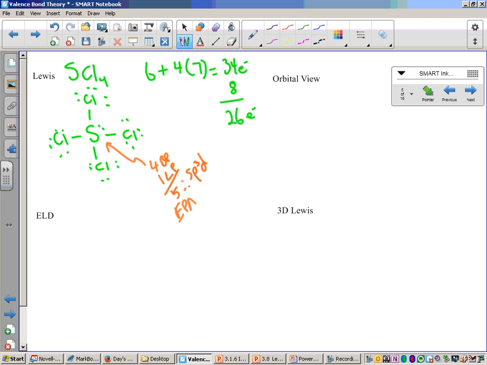And the EPA is trigonal bipyramidal. So if we're going to draw a 3D Lewis structure, we need that trigonal bipyramid, right? Up and down, 1 coming out front, 1 going in behind, and 1 in the plane.